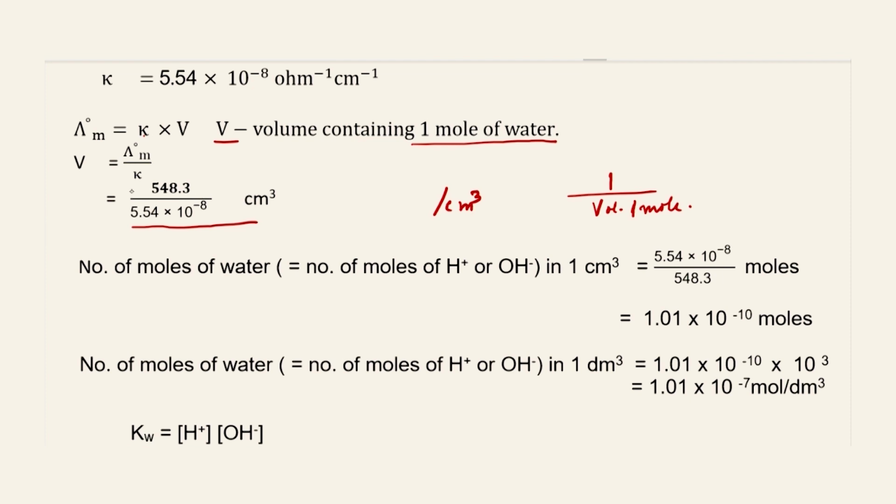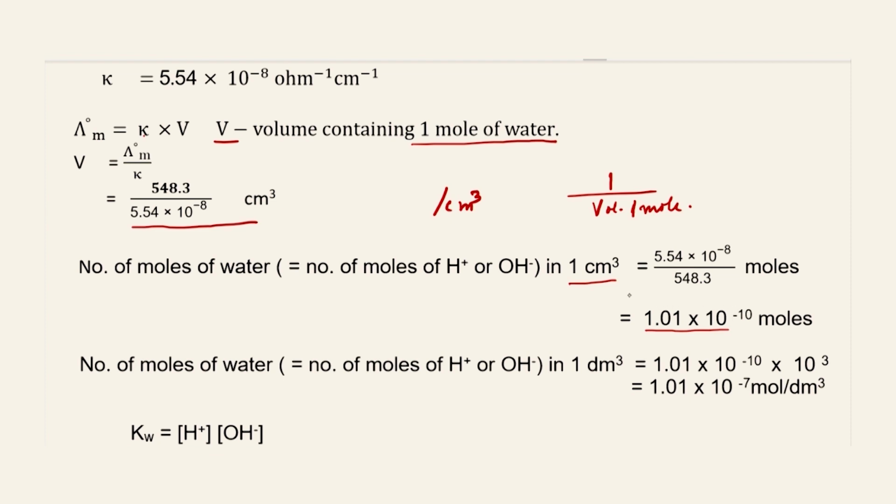So, this becomes a reciprocal, and therefore, just inverting that fraction, 5.54 into 10 to the power minus 8 divided by 548.3 will be the number of moles in 1 centimeter cube of the electrolyte. Here it is water, and the value is 1.01 into 10 to the power minus 10 moles.